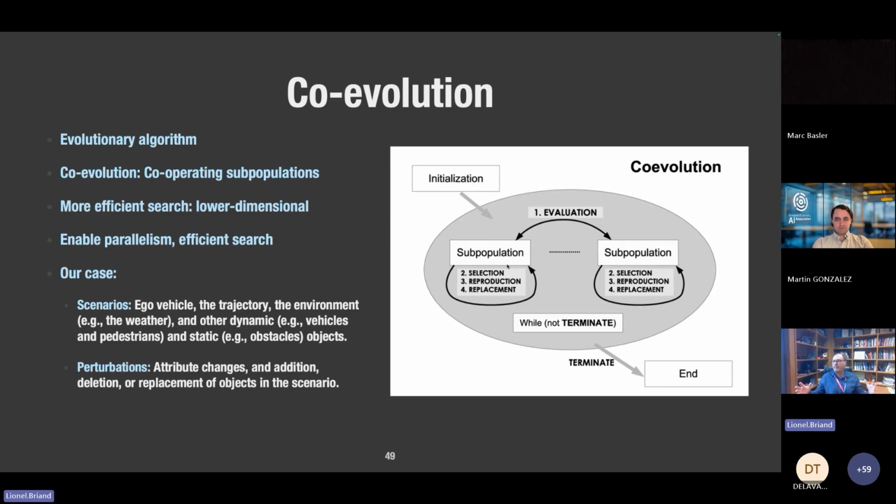In our case, we have two populations: a population of scenarios and a population of perturbations to the scenarios, where we add or delete objects in the field of view, we change the speed or trajectory of vehicles or pedestrians, and so on. We manipulate those two populations, and they evolve in parallel. That's a typical problem where you use coevolution algorithms.